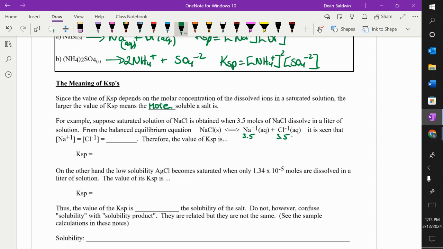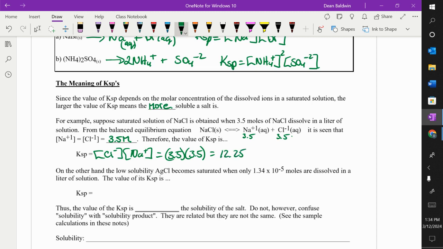Does that make sense? So if I want the KSP, these are both 3.5 molar, so the KSP is just 3.5 times 3.5, which is 12.25.